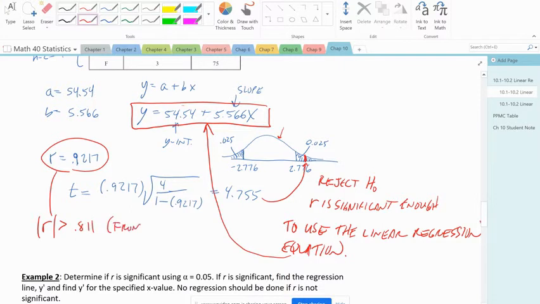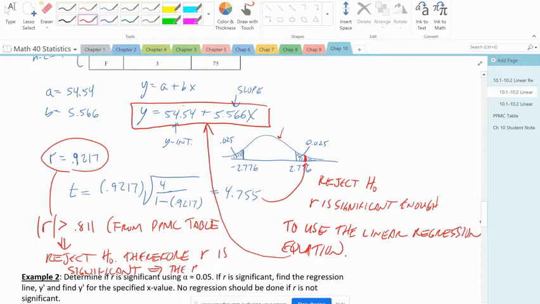This came from the PPMC table. And since R is greater than 0.811, we're going to reject H0, which means, therefore, R is significant, which means the relationship is linear.